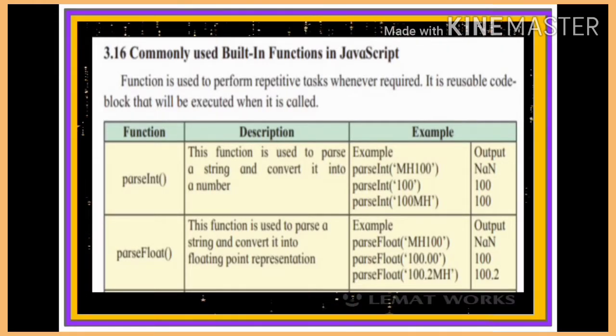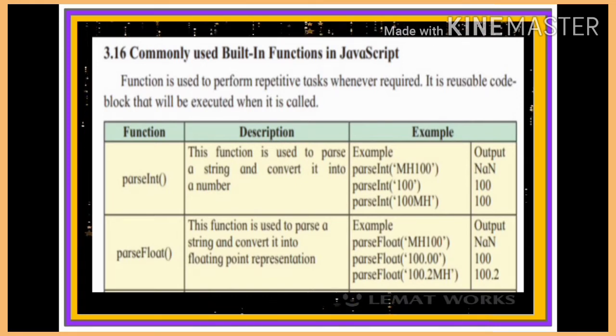Function is used to perform repetitive task whenever required. It is reusable code block that will be executed when it is called. First, we will see the built-in functions in JavaScript, commonly used built-in functions in JavaScript. The table shows function name, description and example.